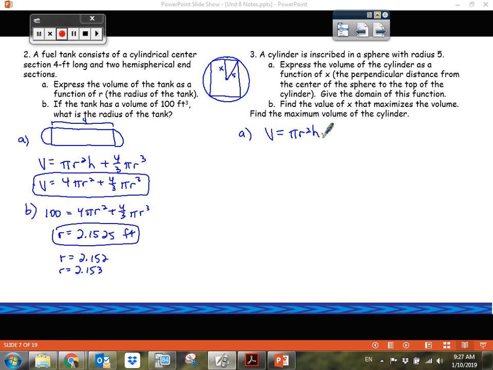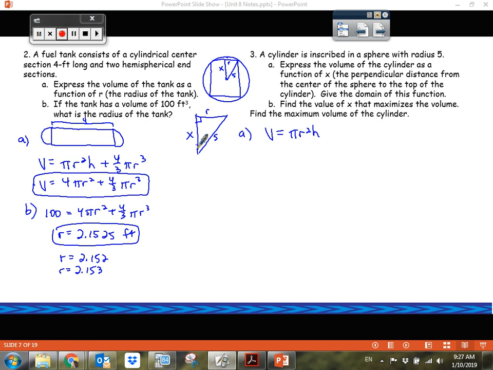Alright, so let's work on this relationship right here. This actually is r. You know, if we pull this out, make it a little bit bigger so we can see. That's x. That's r. That's the radius of the cylinder, would be that top part right there. And that's 5. So we do have a relationship that we can establish between those variables, right?